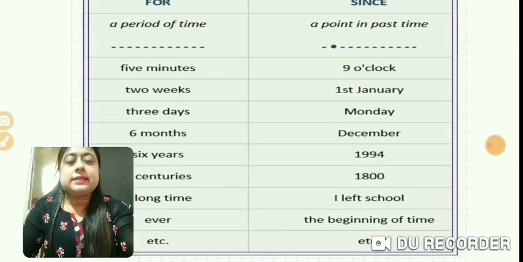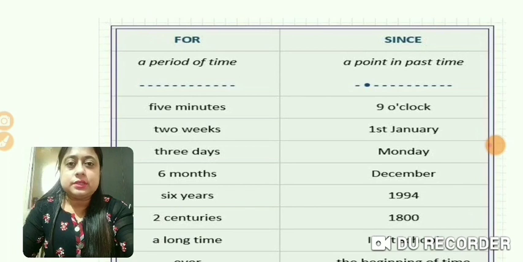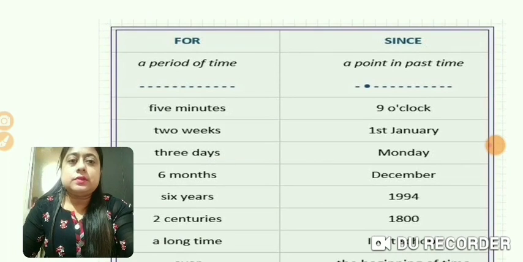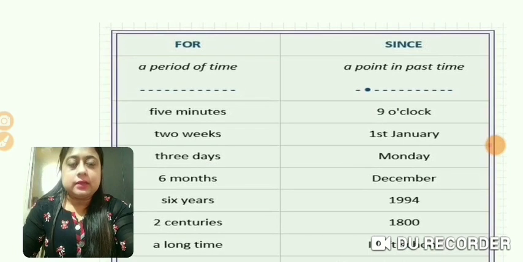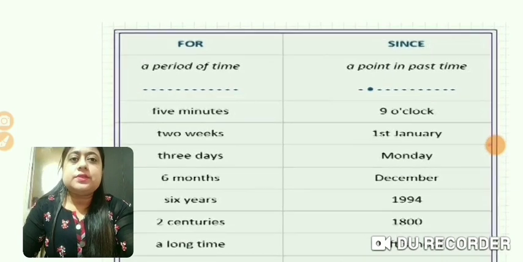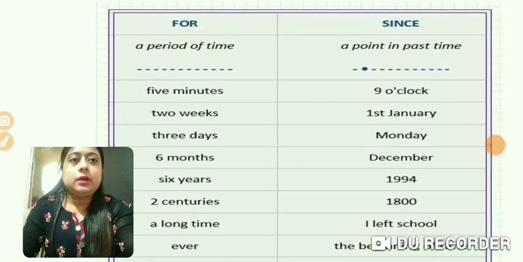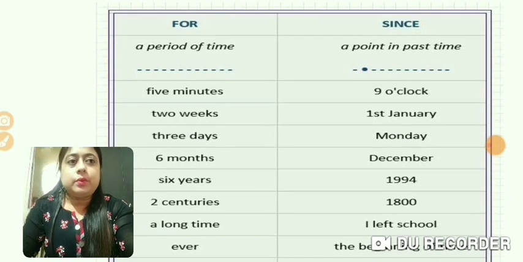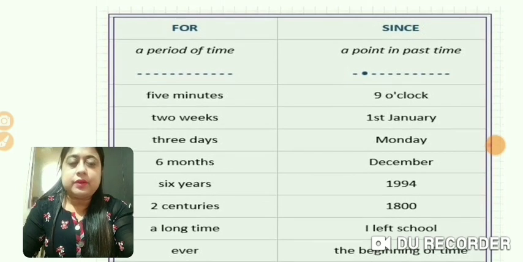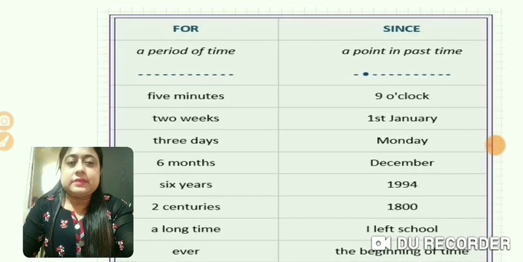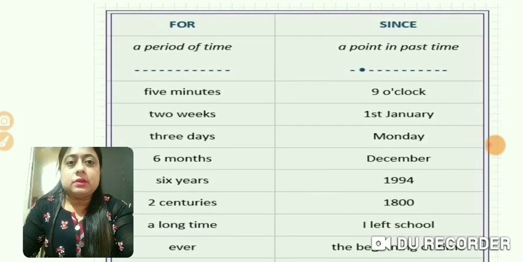Now, in the previous chapter when I was teaching, I already told you the uses of for and since, but still I'll repeat once. For is used for a time period and since is used to mention a particular time or point in past time. For example, 5 minutes, 2 weeks, 3 days, 6 months, 6 years, 2 centuries, a long time, ever.